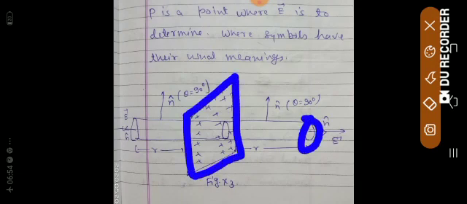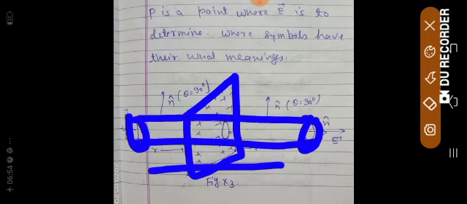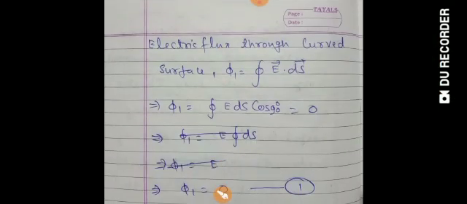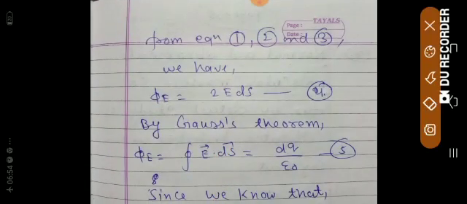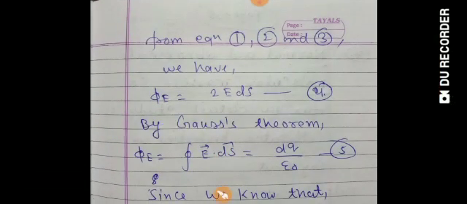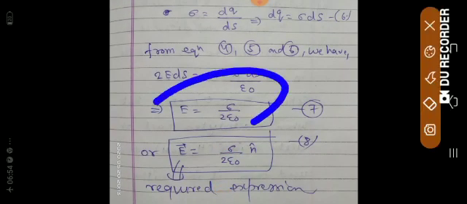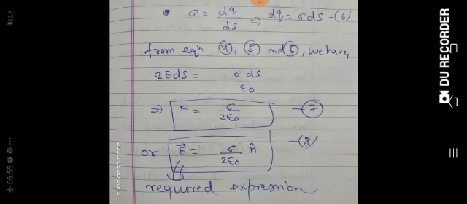This is the Gaussian surface of length 2r and cross-sectional area ds. We applied Gauss theorem here, and after some calculation we got the value of the electric field as well as the vector form of the electric field.